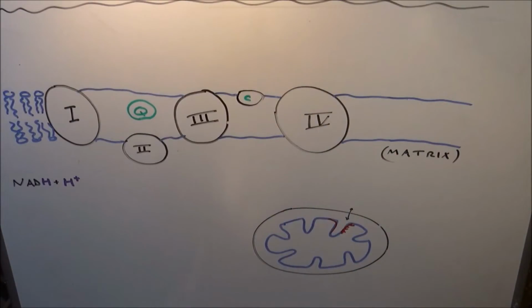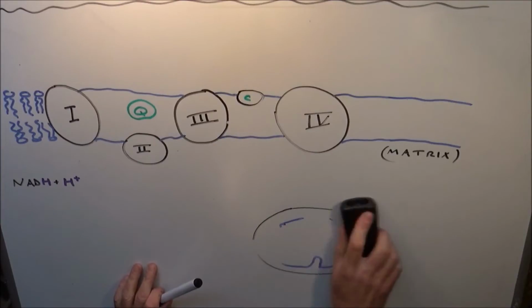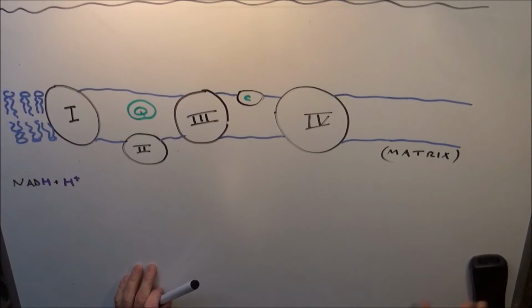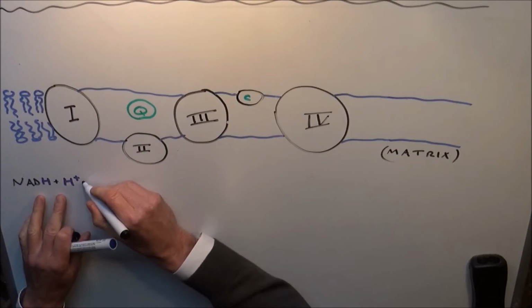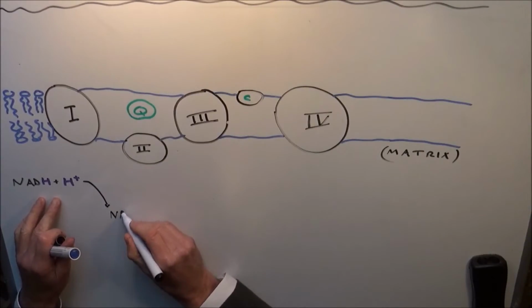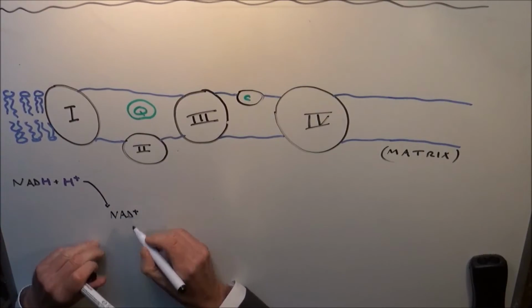Right, so that's the physical arrangement, and if we look at what happens when we deliver a pair of electrons by using the reduced NAD, then NAD becomes oxidized to NAD+.